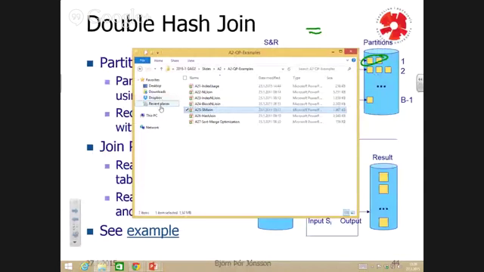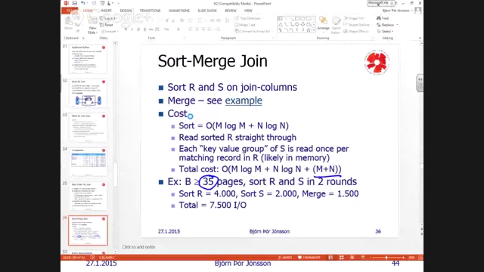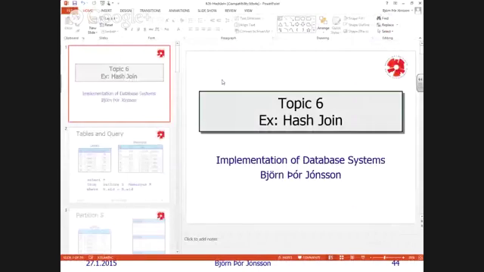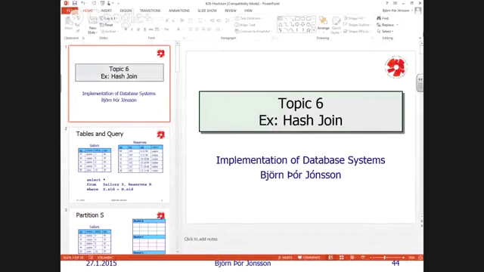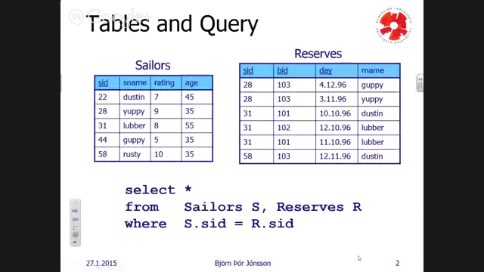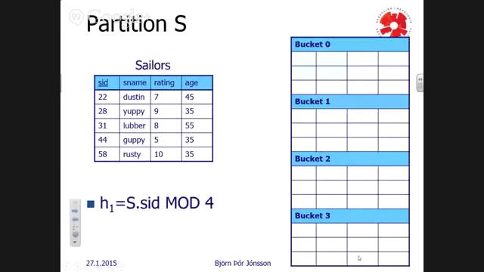An example here. Let's see how that goes. So it's again the same join, same tables. First we partition one of the tables. So we have again the horrible function, sid modulo 4. Nobody can ever do this in real life.